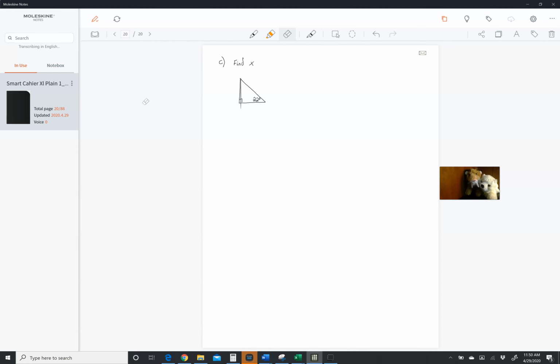This is 14, and we're looking for this. So we label first. We're going to label our triangle opposite, adjacent, hypotenuse. So the x side is our opposite. This is our adjacent, and this is our hypotenuse.